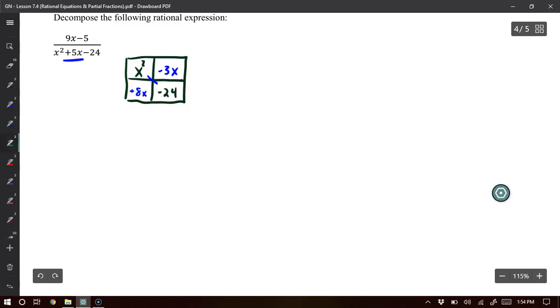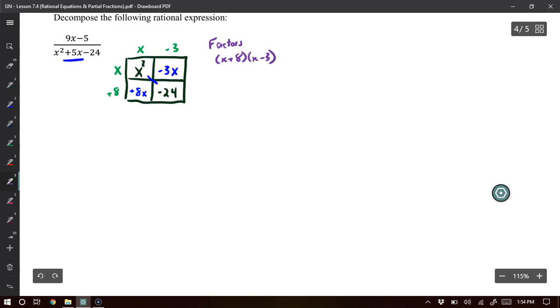So the factors, let's see, the top has an x in common for a GCF, so x and x is x squared, x and negative 3, and then I think positive 8 here. So the factors are x plus 8 for the denominator and x minus 3.